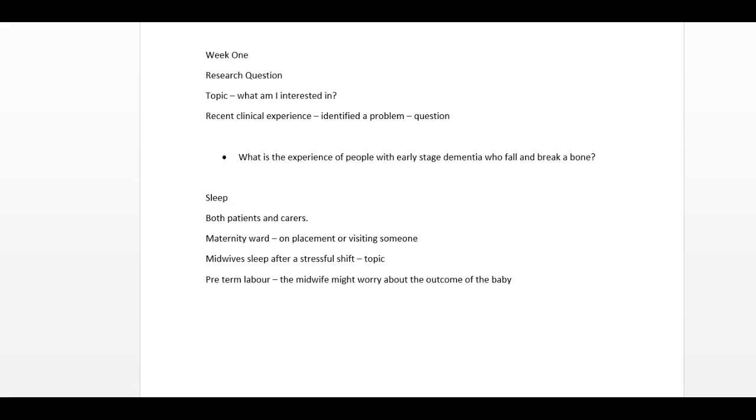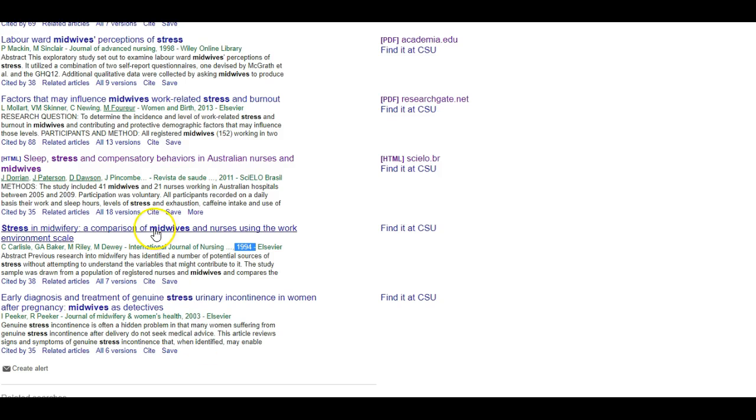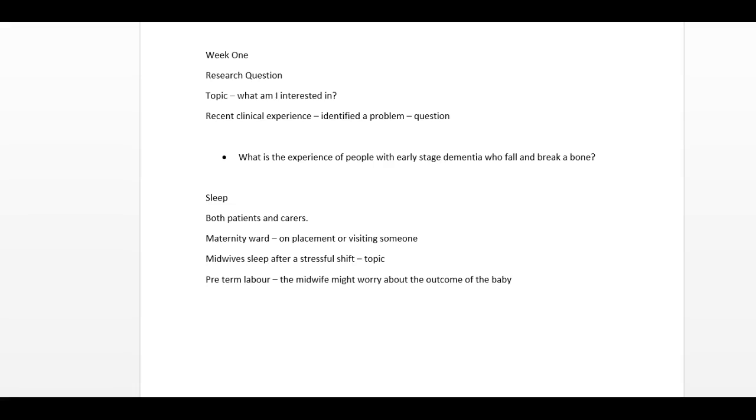Are we interested in, say, that other article we were just looking at? It was looking at compensatory behaviours. Well, are we interested in the compensatory behaviours? Not really. I think I'm interested in the experience. So maybe I might start drilling down, and I might come up with 4 or 5 questions before I feel like I've got the right one for me to answer right now.